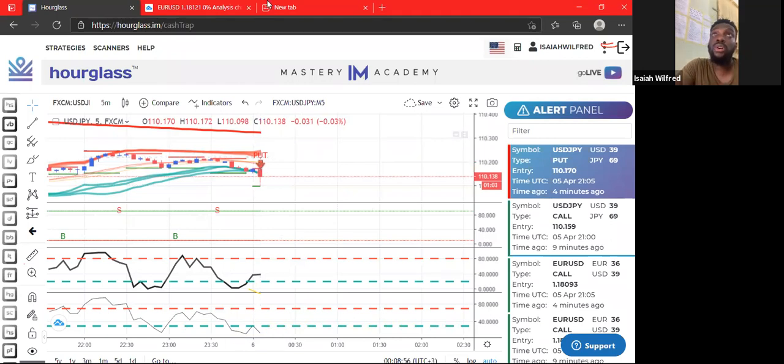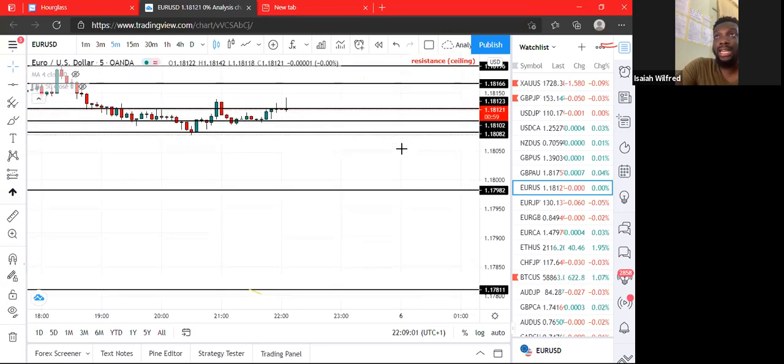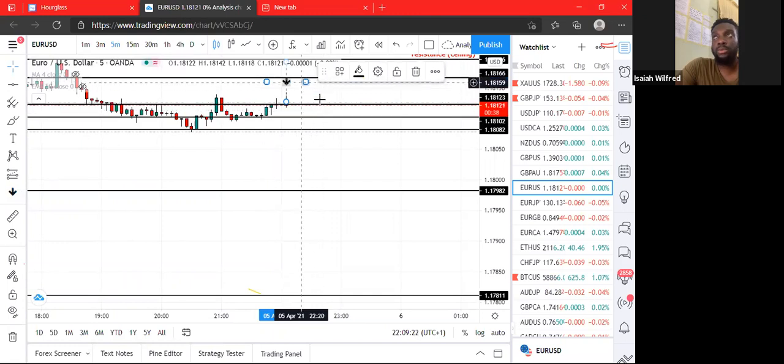Okay, Messi. What I was saying is, if Cashtrap was telling me to sell, I should find price around a resistance. Let's say Cashtrap was calling out a sell on this particular candle here.